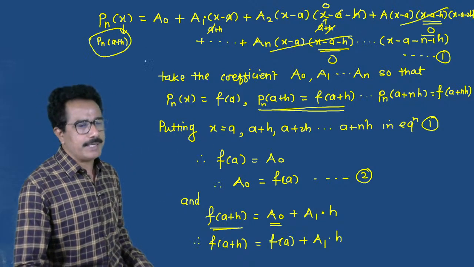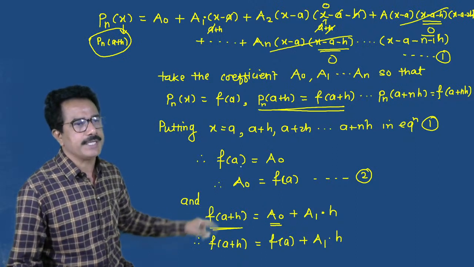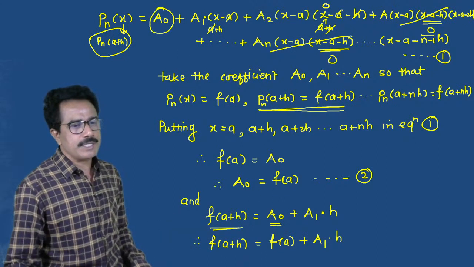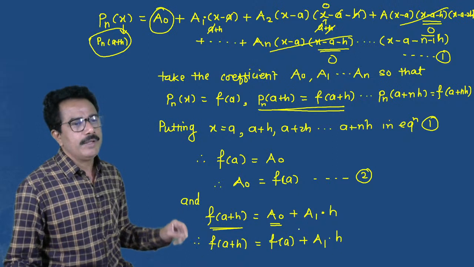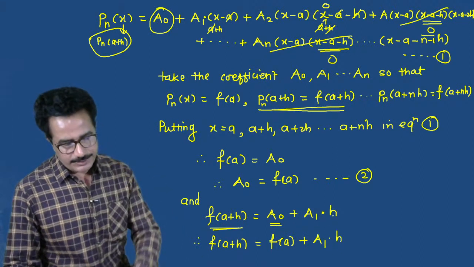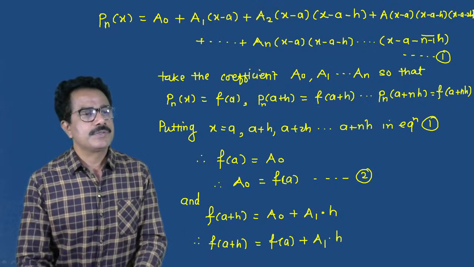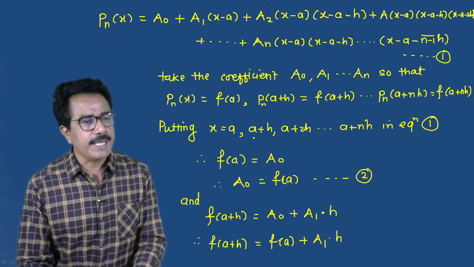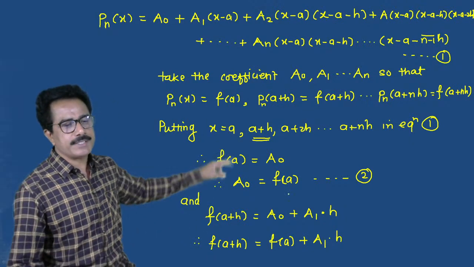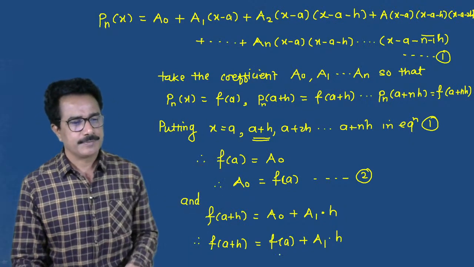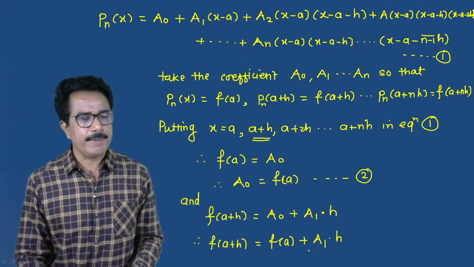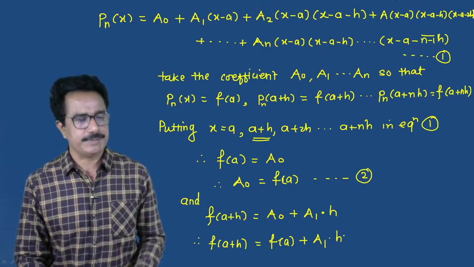Pn of a plus h means f of a plus h. This gives a0 plus a1 of h. So, if we put x is equals to a plus h, then we get f of a plus a1 into h.